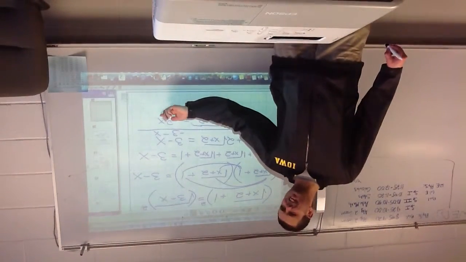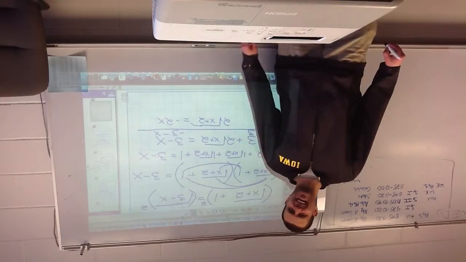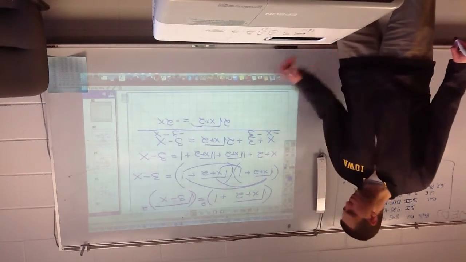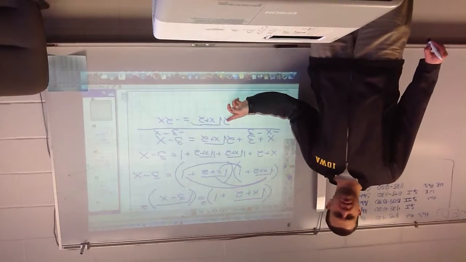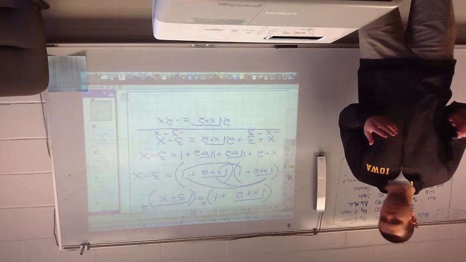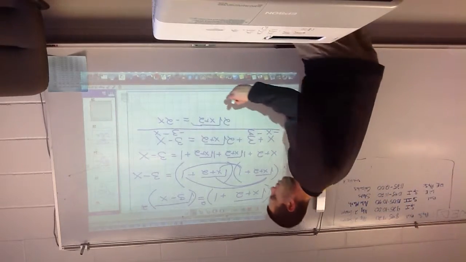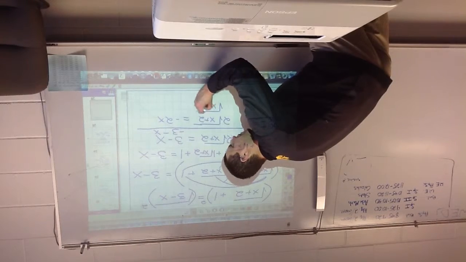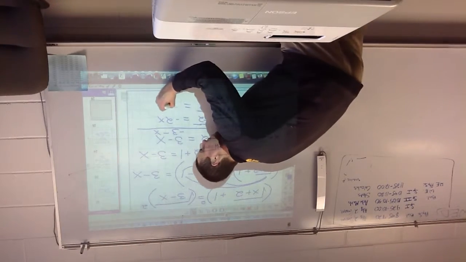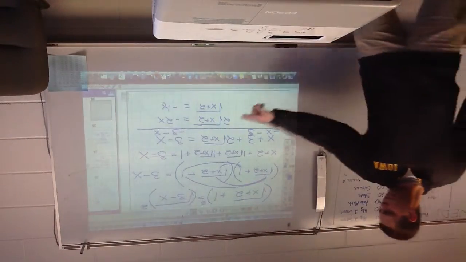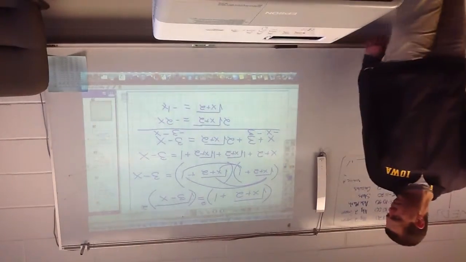If this were like a negative 5x, I might just square both sides now with this 2 still here, just because I don't want to deal with fractions. But because it's not going to give me a fraction over there, I'll go ahead and divide both sides by 2. So that'll give me the square root of x plus 2 equals negative 1x, right? This divided by 2 would be negative 1x.